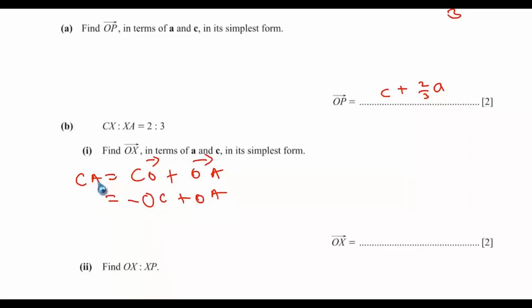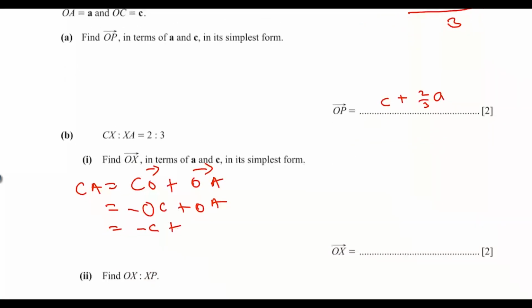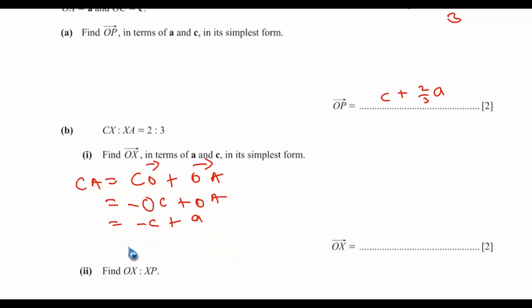You can simply say CA is equal to OA minus OC. I'm just showing you this for you to get used to it. Vector OC is C, so we have minus C, then plus vector OA, which is given as A. So this will be equal to A minus C.